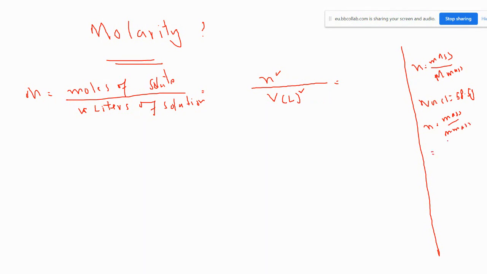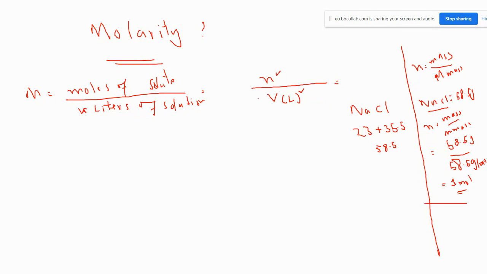We have 58.5 gram, and the molar mass we can find from the periodic table. NaCl: Na is 23 plus Cl is 35.5, so it will be equal to 58.5 gram per mole. So it will be equal to 1 mole.